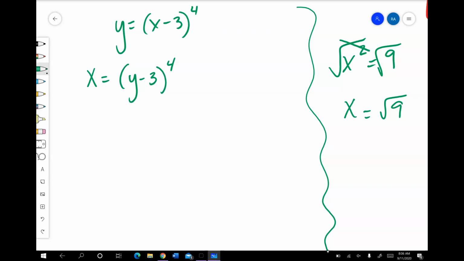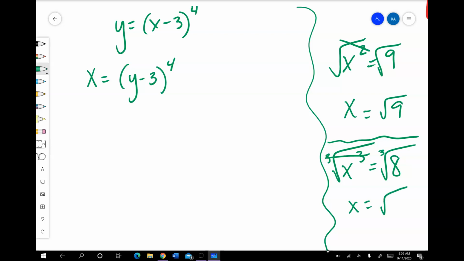Okay? So if you have x cubed equals 8, so a square root gets rid of a square, so what gets rid of a cubed? A cubed root. Okay? That's what gets rid of a cubed.